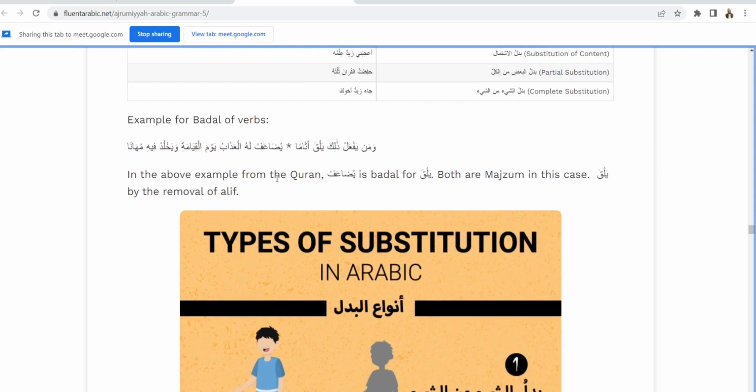ومن يفعل ذلك يلقى أثاما يضاعف له العذاب يوم القيامة فيخلد فيه. Whoever did that, meaning killing without legal Islamic reasons, the killer or whatnot.